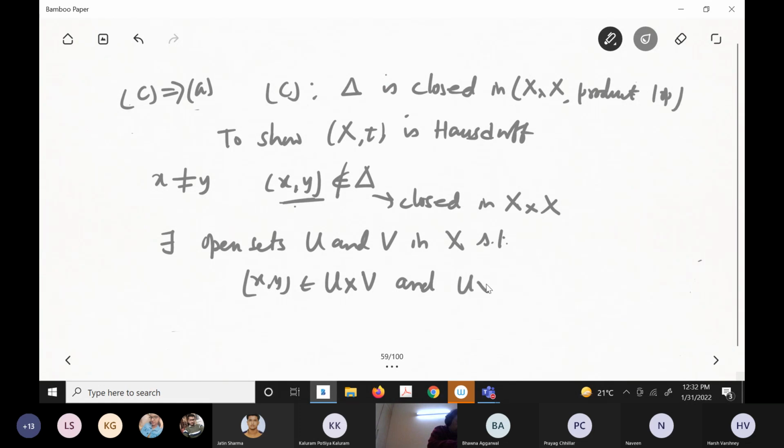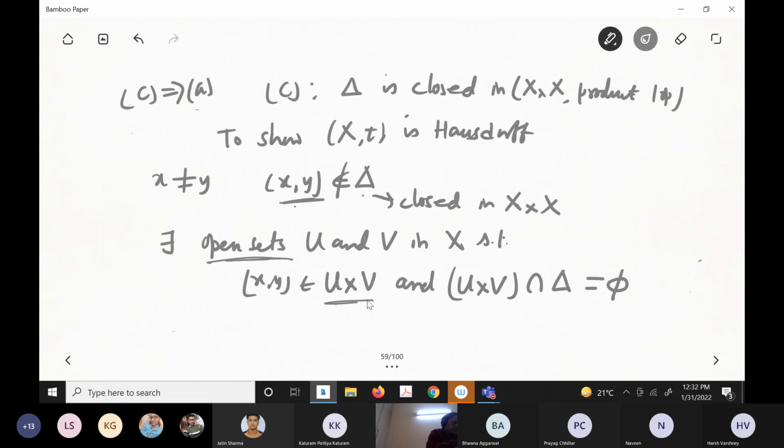And U cross V intersection delta is empty. I have used that this point doesn't belong there, and since delta is closed, it doesn't belong to the closure. That means there will exist an open set containing this point which won't intersect it. Any open set can be replaced by a basic open set, because any open set containing xy will contain an open set of this form.